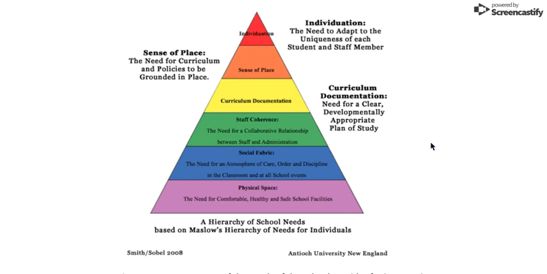And then it moves up into this idea of the social fabric, that at the next level, we just have to like each other, or be able to be respectful of one another, and that this goes for both the teachers and the staff and school leadership, and the parents and the kids.